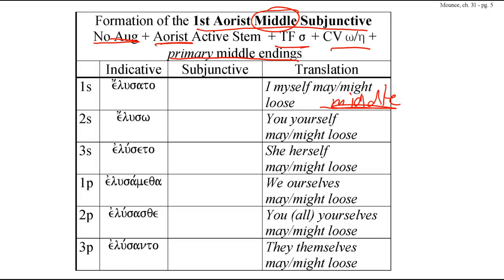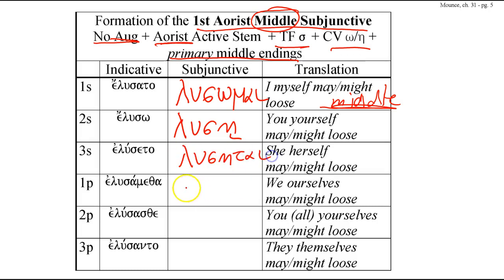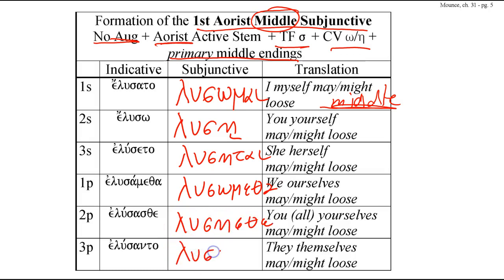So to say I myself may loose, it's lu plus a sigma plus the long connecting vowel and my, so lusomai, or lu se, iota subscript, lu setai, lu sometha, lu sesthe, and lu sontai.